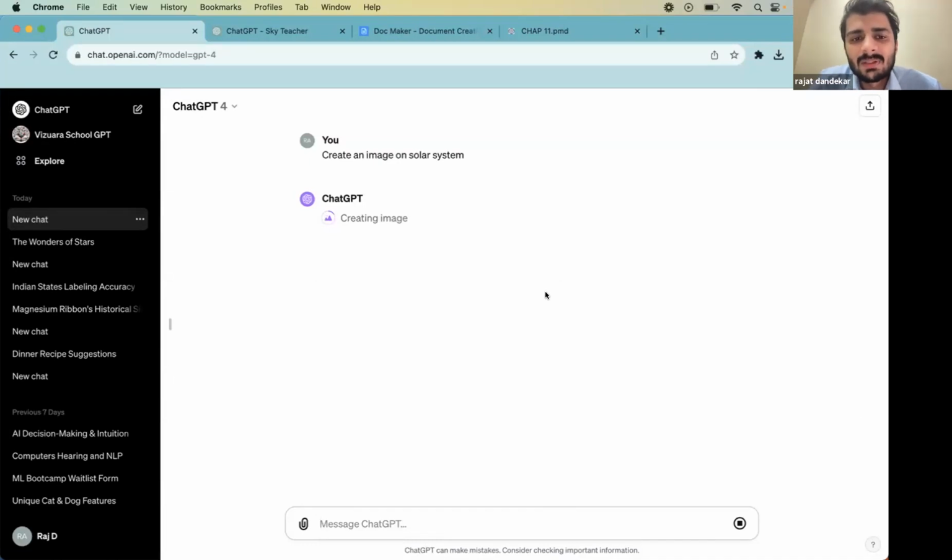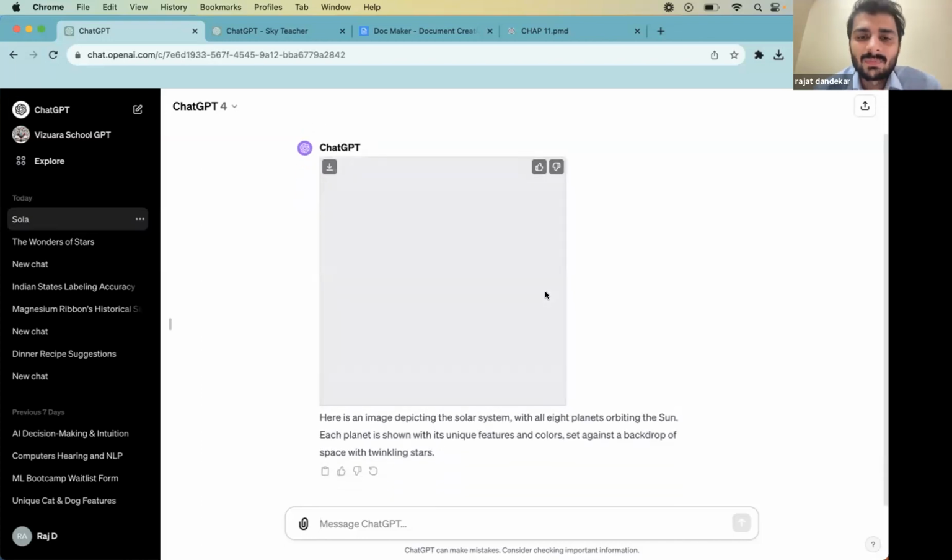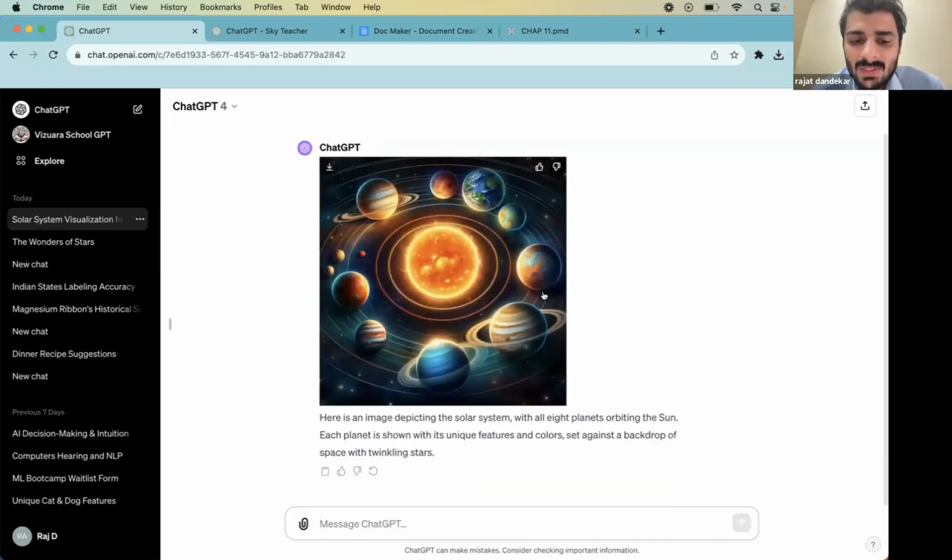You just have to type the prompt, whatever image you want to create, and then it can create that image for you. And the more specific you are in your prompt, the better is the response that you will get. So you can see here, there is an image which has come depicting the solar system with all 8 planets orbiting the sun. So I can say that add text for labels for each planet.